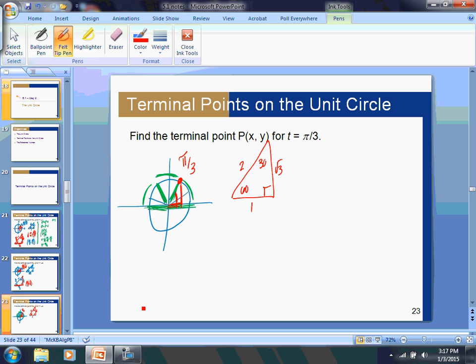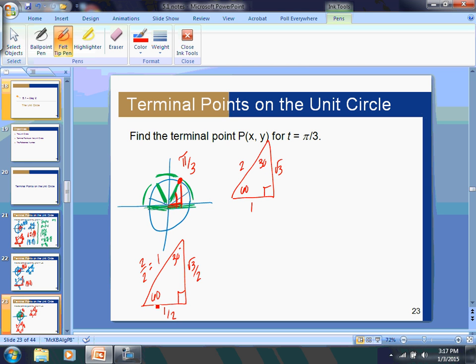But again, for my triangle in my unit circle, I can't have a hypotenuse of 2. I have to have a hypotenuse of 1. So again, I have to divide by 2. So now I have the 1/2 and the square root of 3 over 2 that have just kind of flip-flopped locations from my previous triangle.